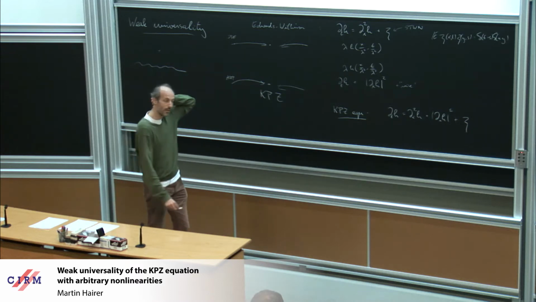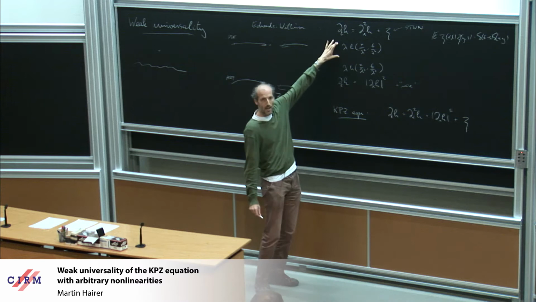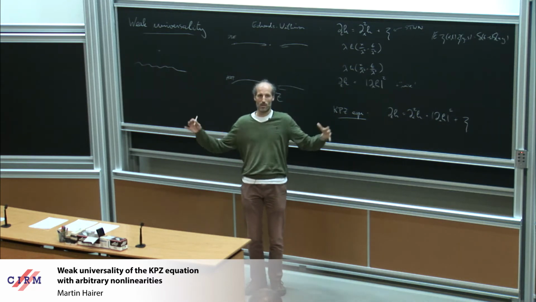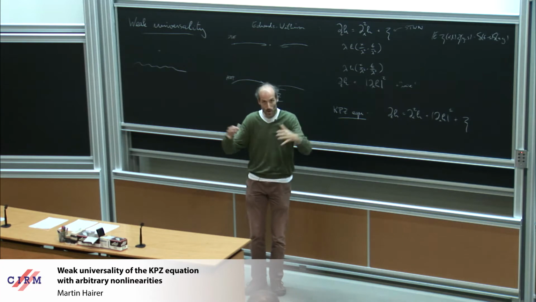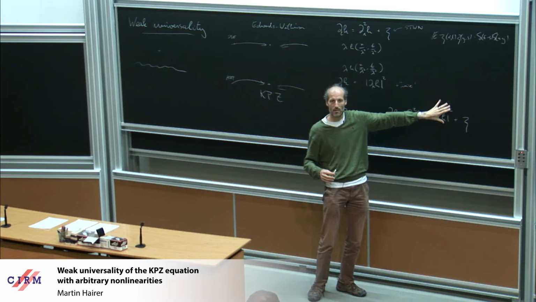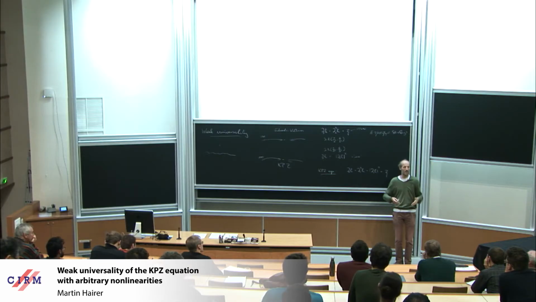But what happens is that if you rescale this equation under this scaling and you zoom in, so you look at what happens at small scales, then formally, this term disappears. So this term ends up with whatever power of lambda that it picks up, which is such that when you zoom in, it formally goes to 0.